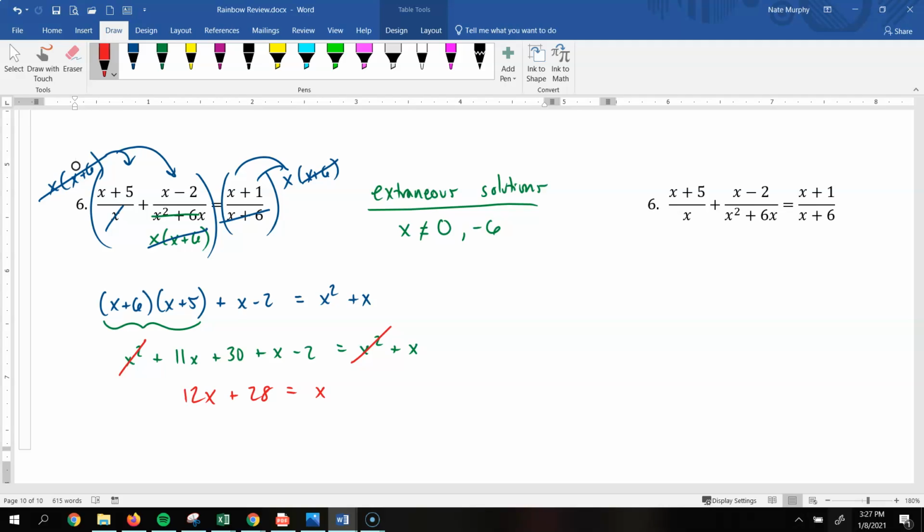Well, one thing I could do is subtract 12x from both sides. So then I would have 28 equals negative 11x. And if I divide both sides by negative 11, I get negative 28 over 11, or 28 over negative 11, same idea. But that would be your answer, x equals negative 28 elevenths. If I check that against my extraneous solutions, that's not one listed. So x equals negative 28 over 11 would be your final answer.